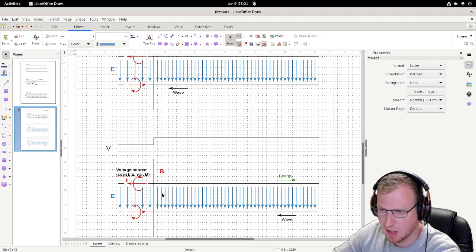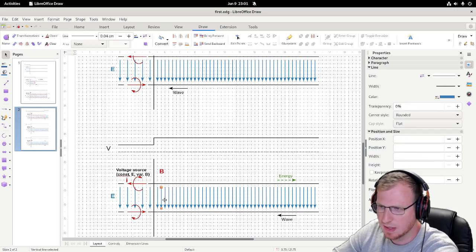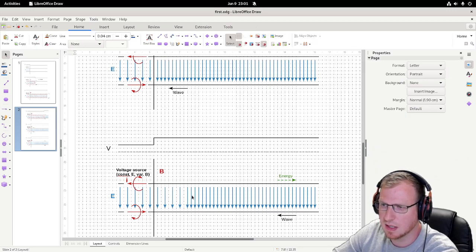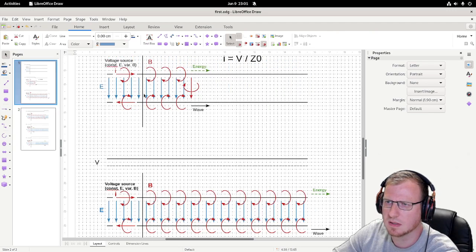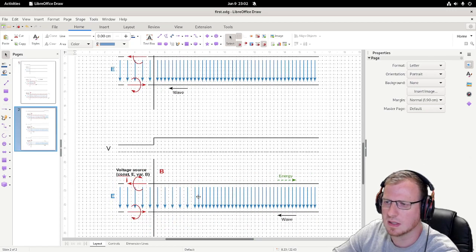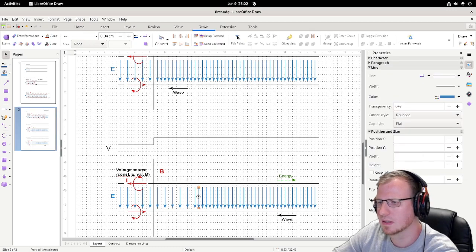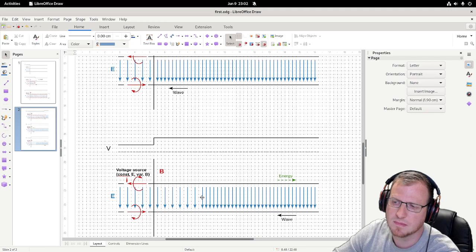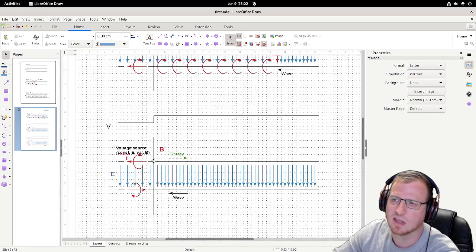Yeah, make it like that. So, and the electrical field is removed. How many arrows do we have? 1, 2, 4, 6. Okay, 6. And this is done by an inverted current.